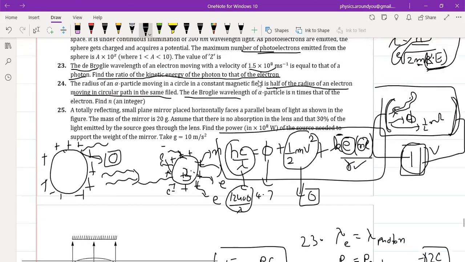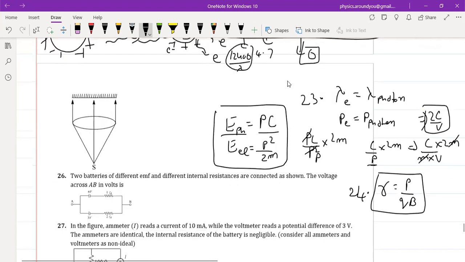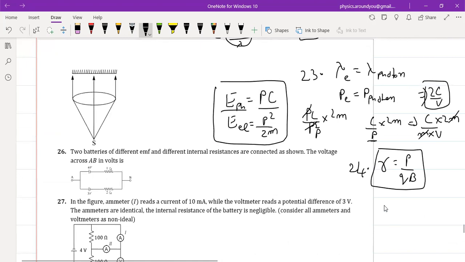Going ahead. They have given the relation between the radii in the same field, and they're asking for the relation between the de Broglie wavelengths. So here it is. R of alpha particle is half of R of electron.